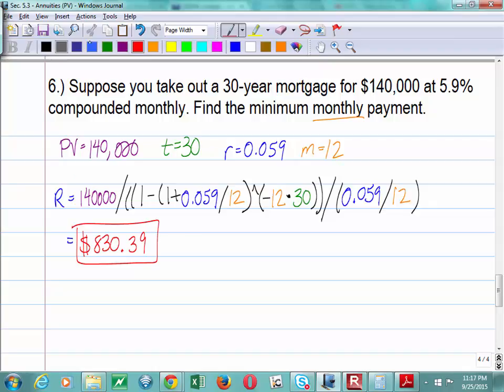How much interest are you gonna pay? Well, you're gonna pay $830.39 every month for 30 years. Then let's just go ahead and subtract the amount that the mortgage was actually for, so the answer we get is only how much interest we actually paid.